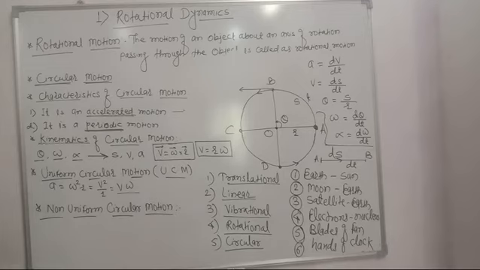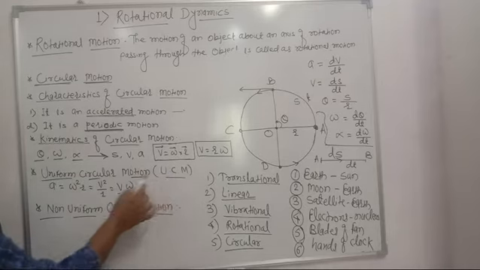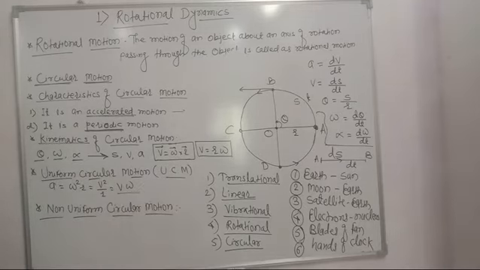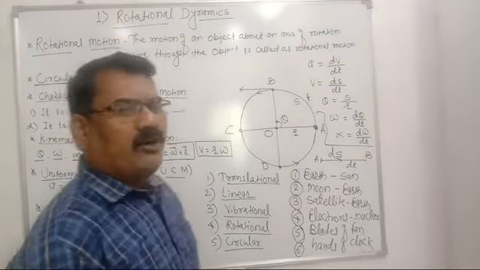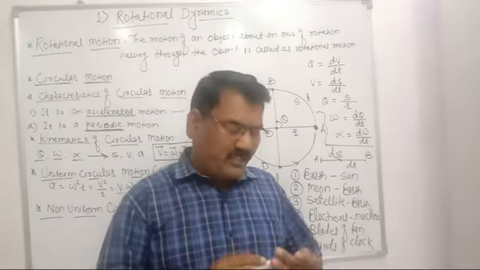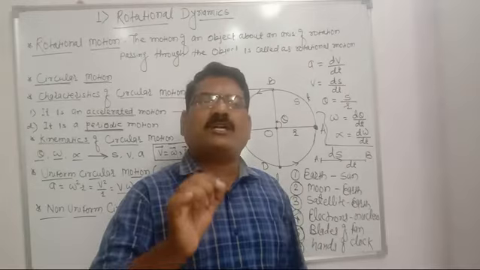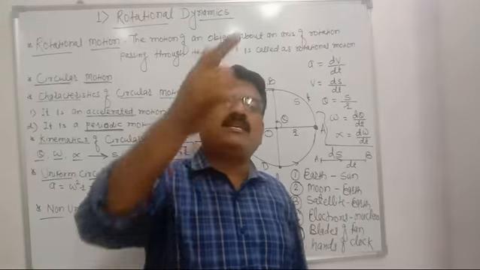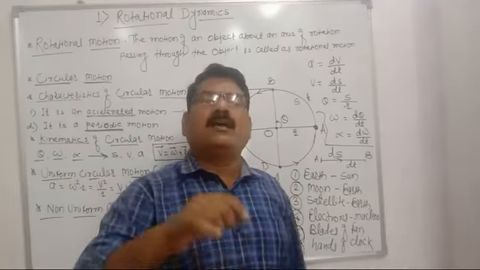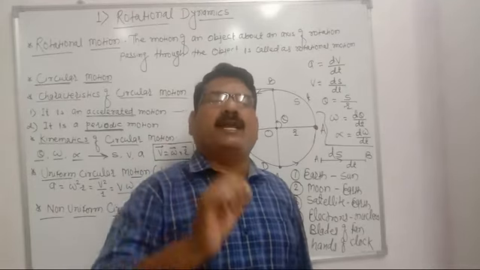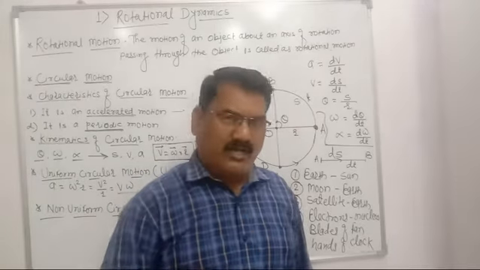Okay, now let us see two points: uniform circular motion and non-uniform circular motion. What is uniform circular motion? You have already seen about circular motion. What is circular motion? The motion of an object along the circumference of a circle is called circular motion.